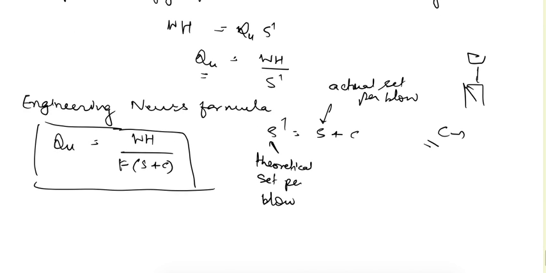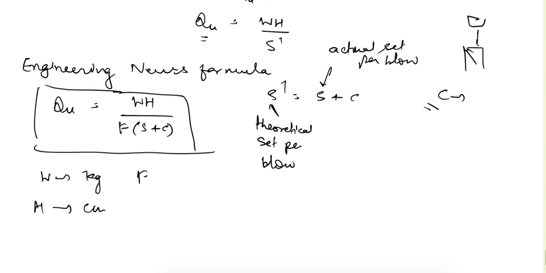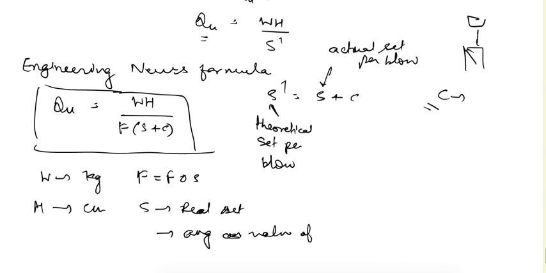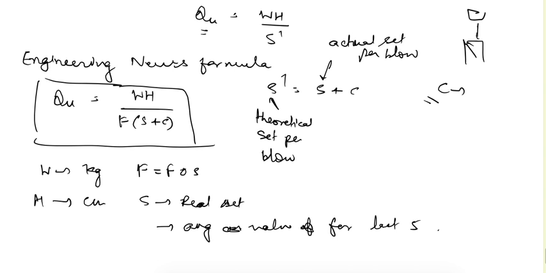And so what are the units of these various different things? So W is taken in kg, that is the weight of hammer. H is taken in centimeter, that is the height of fall. F is the factor of safety, and S is real set per blow, as I said, and it is taken as average value for last 5 drops, or last 5 times if we drop the hammer.